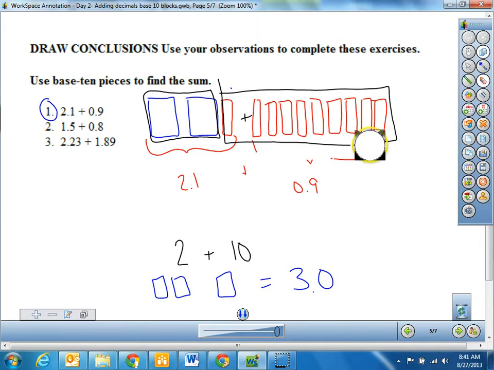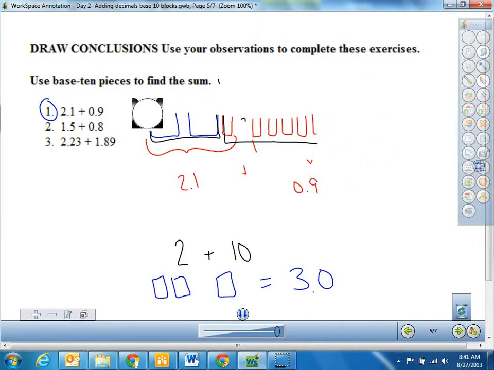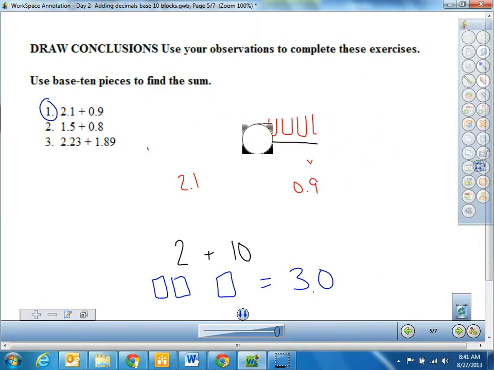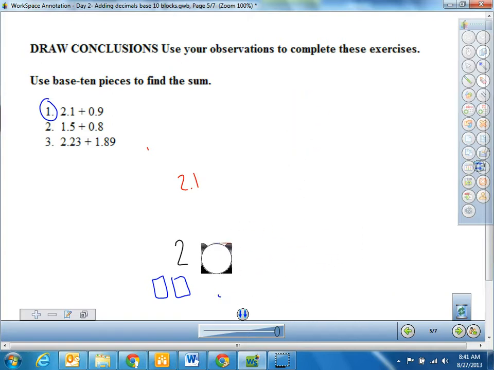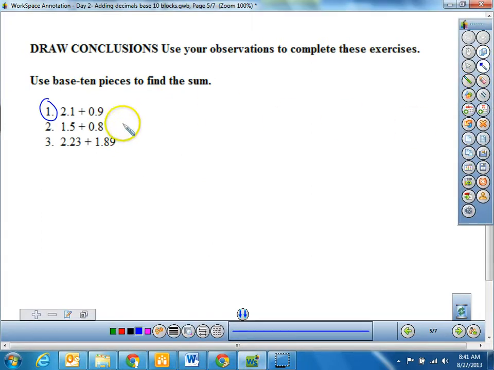In order to do that, I'm going to erase what I have here real quick to clean it up. And so what we're going to do, instead of writing out our base 10 blocks, or drawing it out, I guess it would be, we're going to write it vertically. I take 1.5 and I'm going to add it to 0.8.